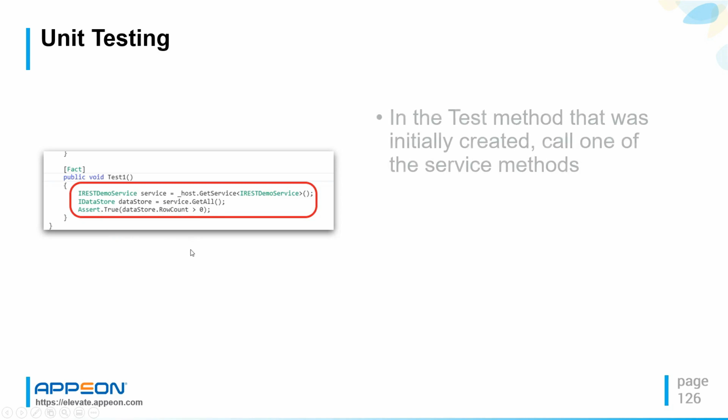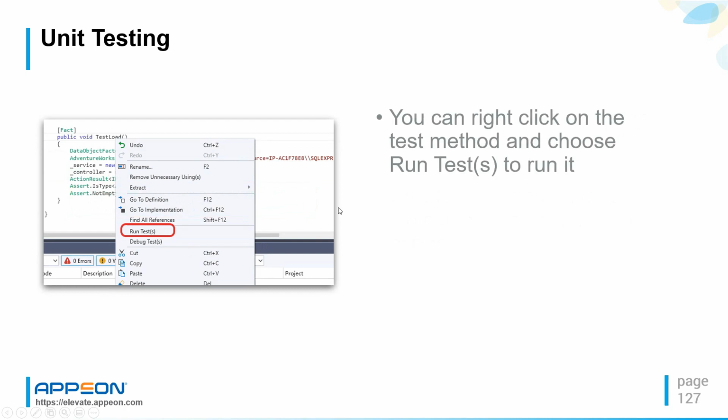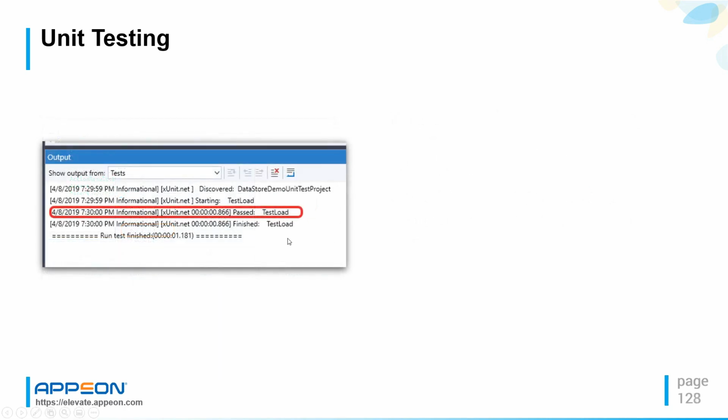I was able to retrieve data. So that part's pretty simple. You do one thing, get all, you check to make sure that it worked with an assert statement, and if that assert statement is true, your test worked. Otherwise, your test failed. Now I right click and I say run tests, and it will run the tests and indicate whether or not it worked.